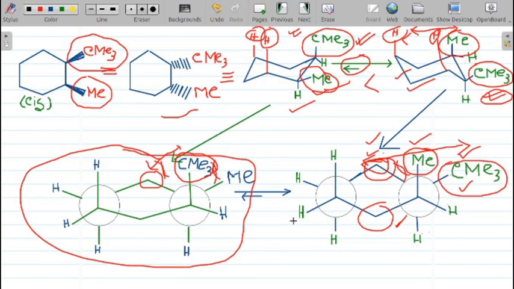So the stability of the conformer where the methyl group is at the axial position and the tert butyl group is at the equatorial position is more than that of the chair conformation where the tert butyl group is at the axial position and the methyl group is at the equatorial position.